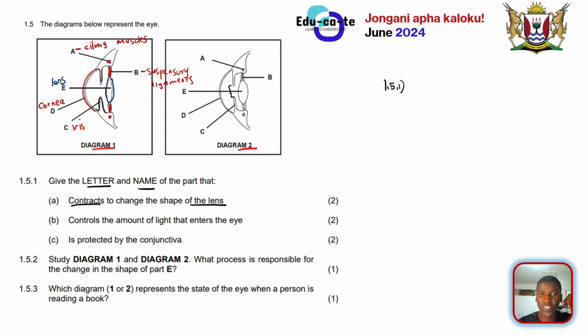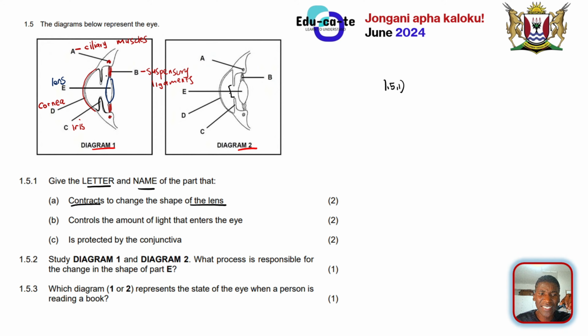As I've already said to you, whenever they give you a side view of the eye, most of the time they will question you based on accommodation. You know that something that can contract or relax is always muscles. Now we need to know which muscles here can contract or relax to change the shape of the lens.